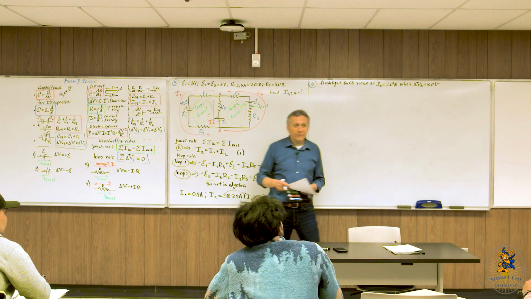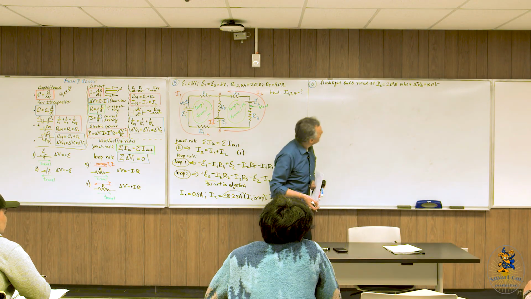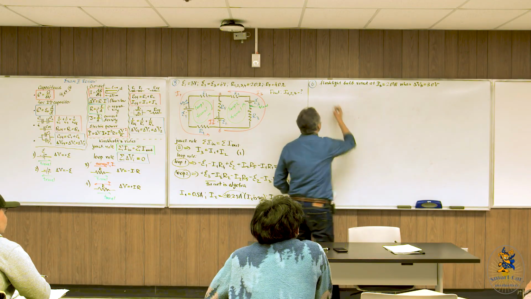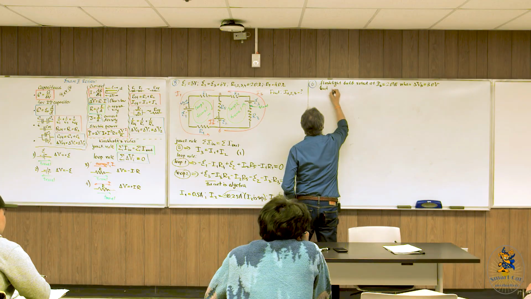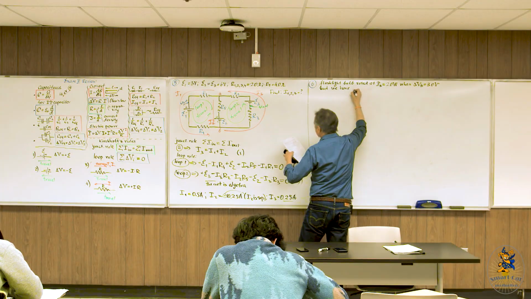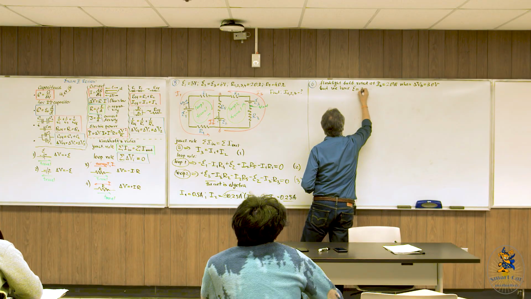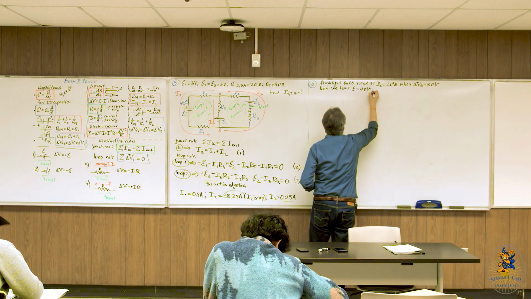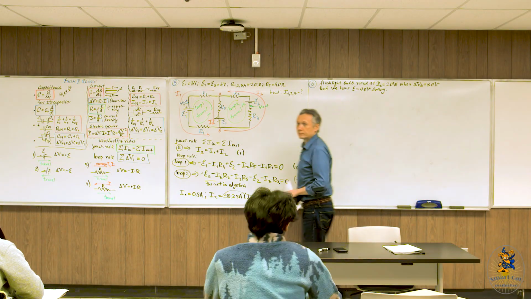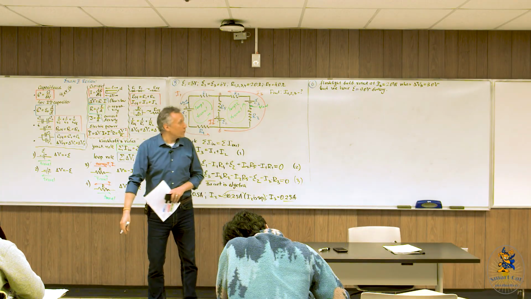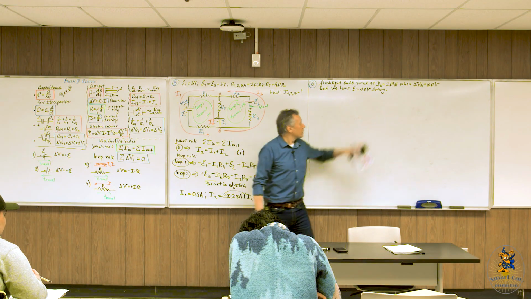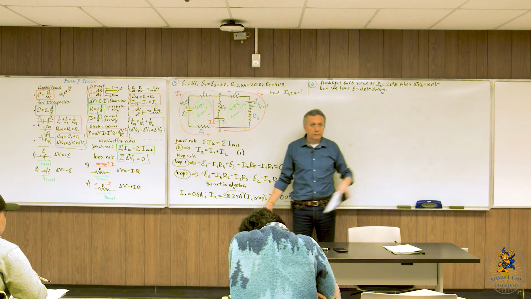But we don't have this 3-volt battery. We have only a 9-volt battery, EMF equals 9 volts. So of course, if we apply the 9-volt battery across that bulb, this wattage would be wrong.